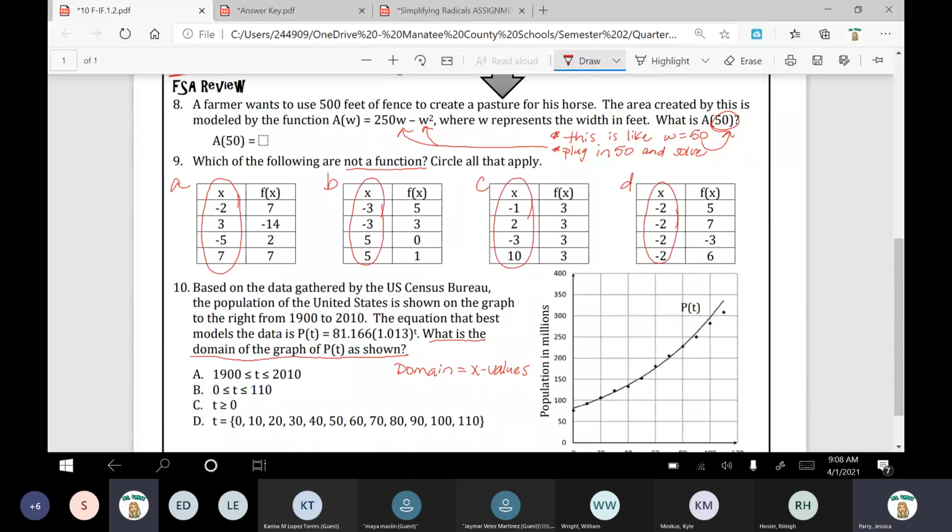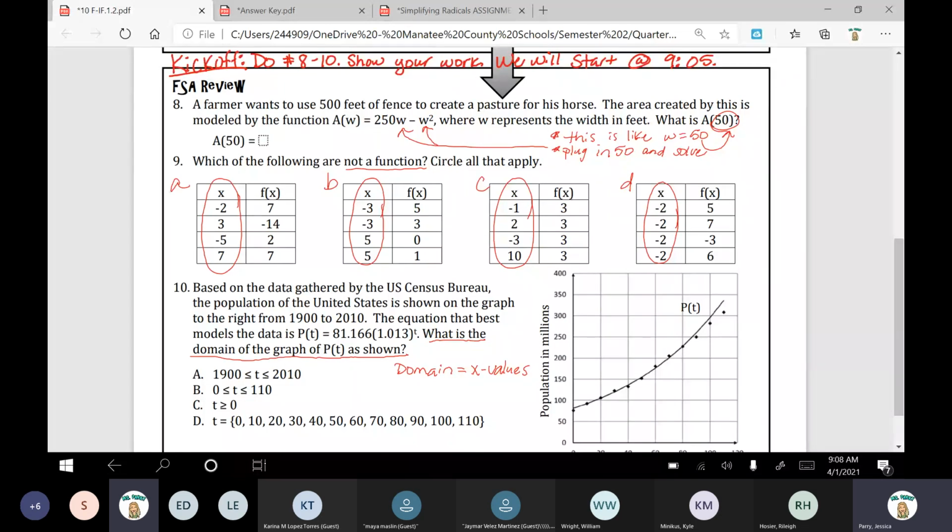From A, the first table, you can see your x values: -2, 3, -5, 7. None of those are repeating. So yes, that is a function. But if you look at B, we've got the -3 and the -3. Those are repeating, and 5 and 5 are repeating. So the second table, or B, is not a function.